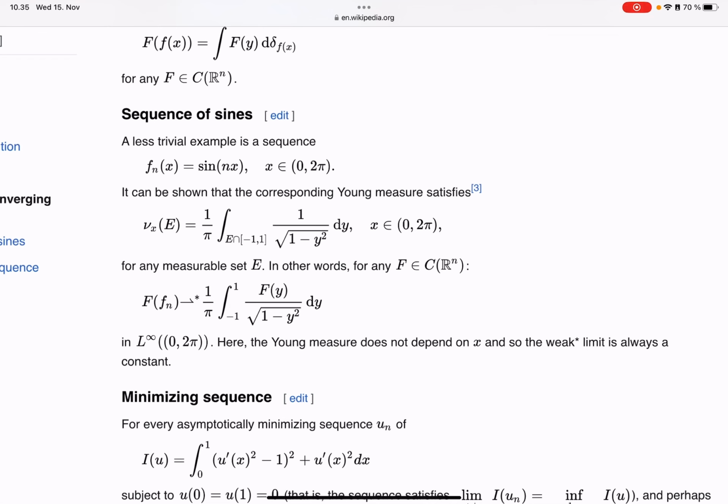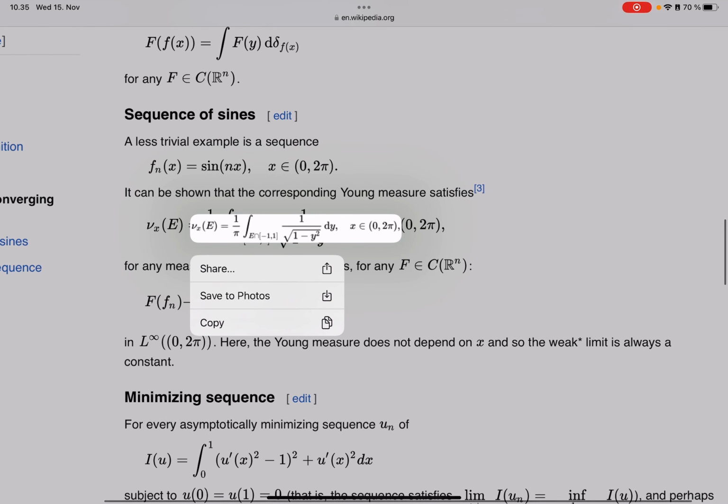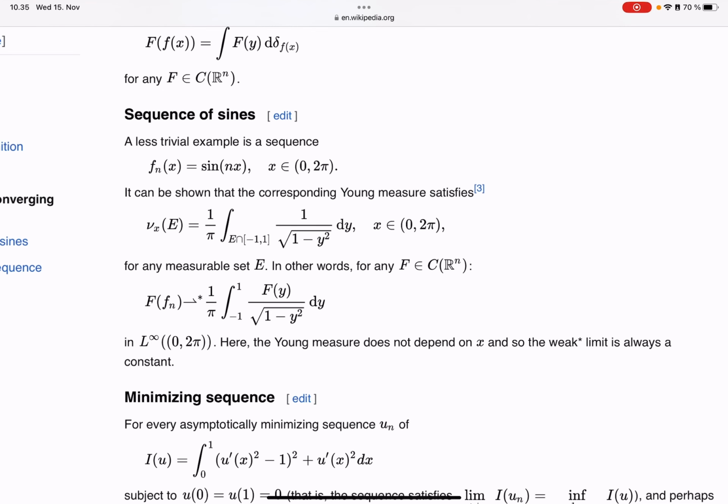But anyway, the Young measure for every x will be given by this formula. To tell you what a measure is, it's enough to say what the measure of a set is. So if you have a Borel set, say E, the Young measure V_x of that set will be equal to integrating this weight in -1 to +1.